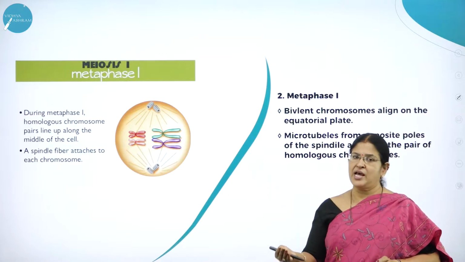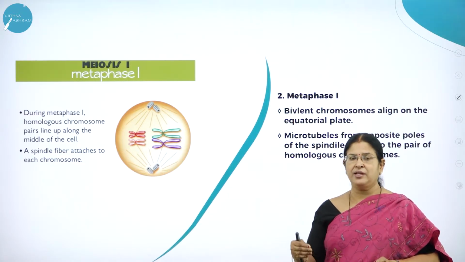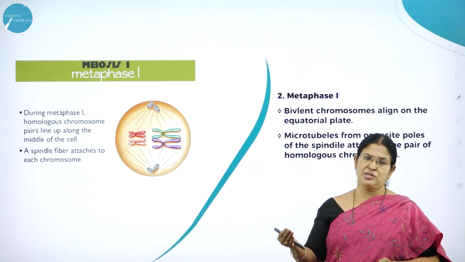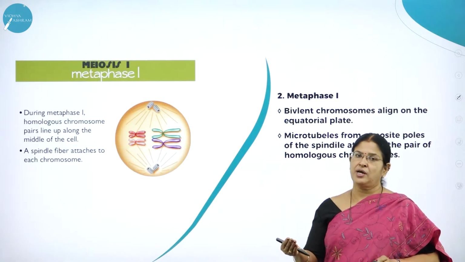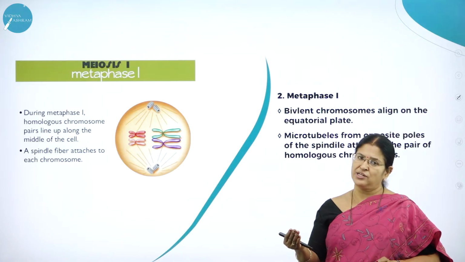Then metaphase 1, anaphase 1 and telophase 1. Then it moves on to meiosis 2, that is prophase 2, metaphase 2, anaphase 2 and telophase 2.